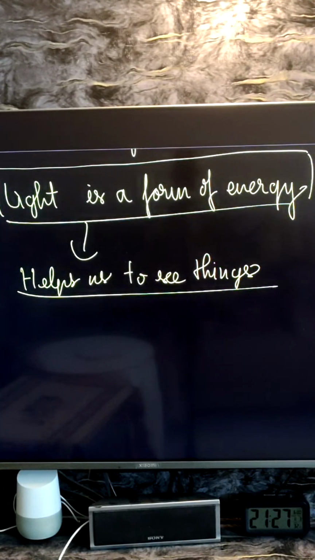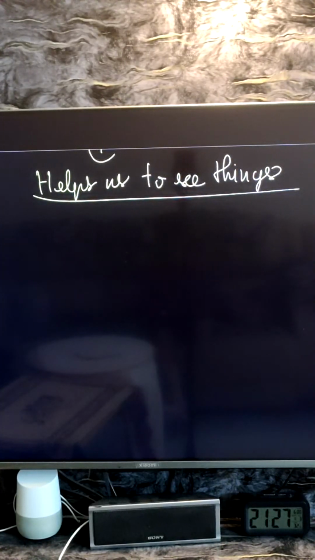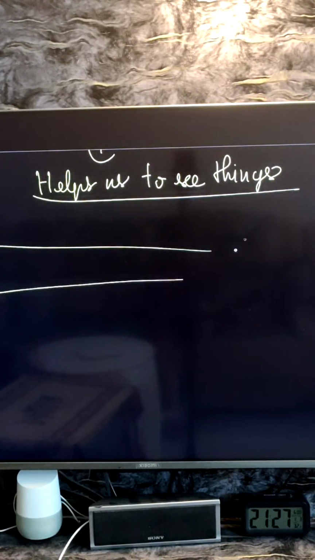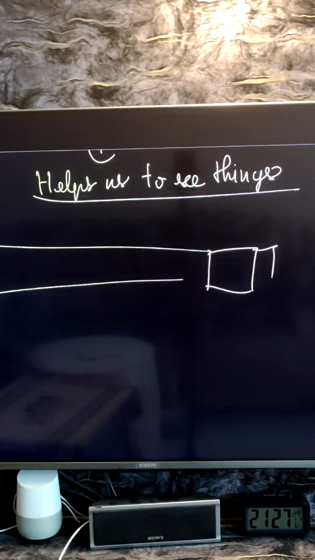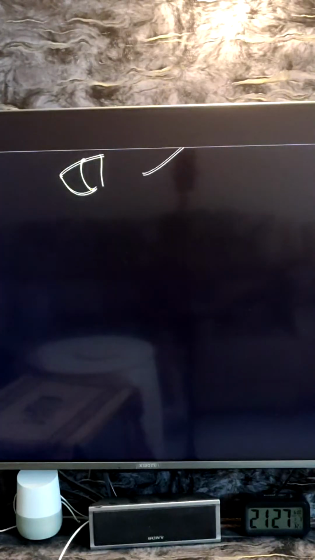We're able to see things around us because of this energy. How do we see these things? We're able to see these things only when light falls on them, and this light falling on them reaches our eyes.